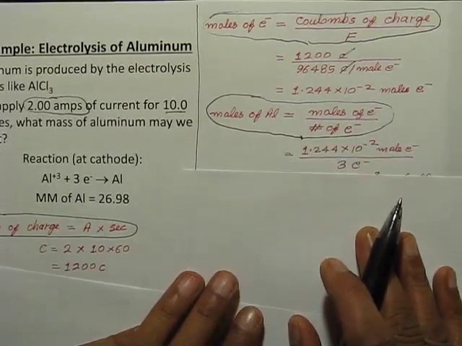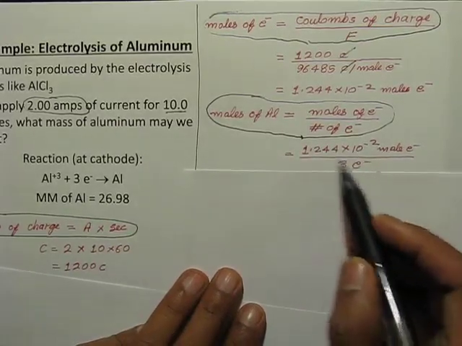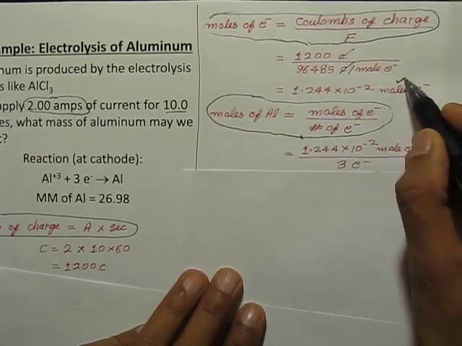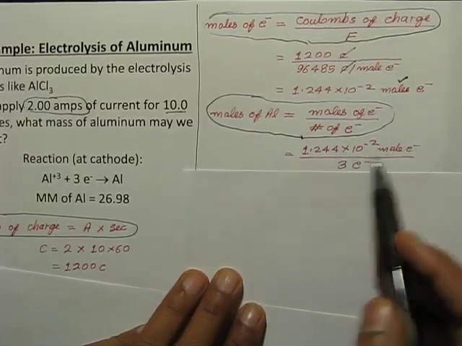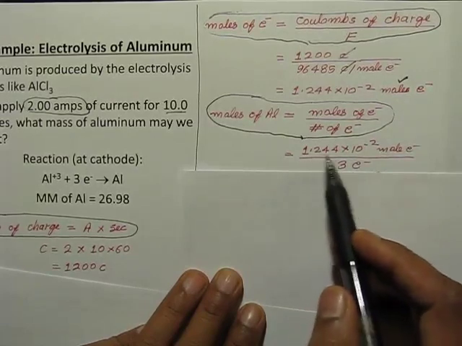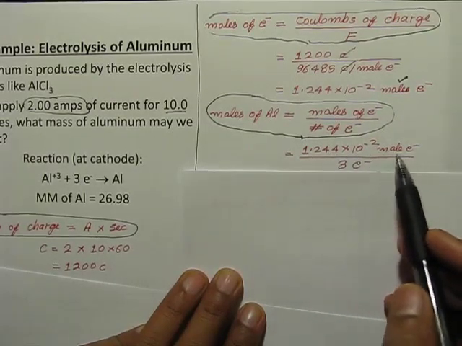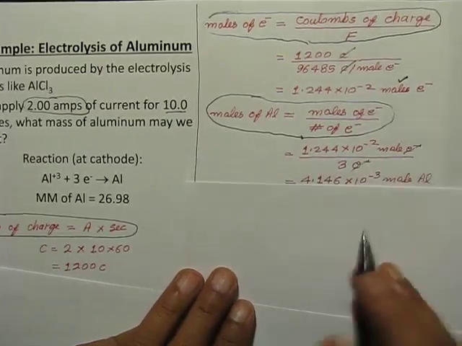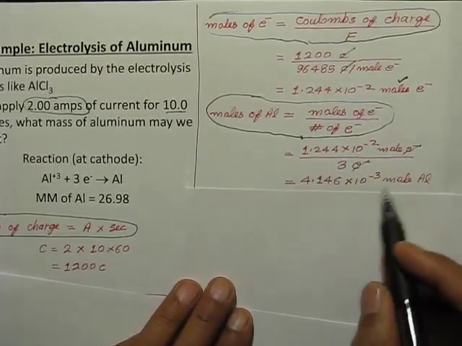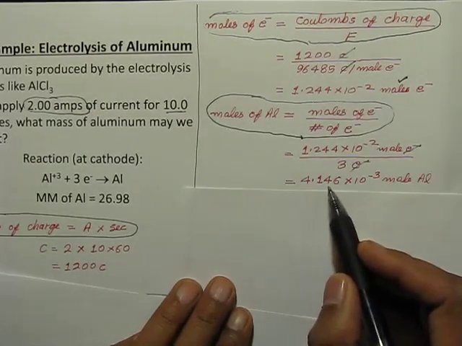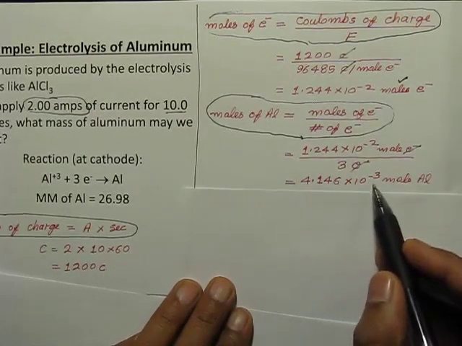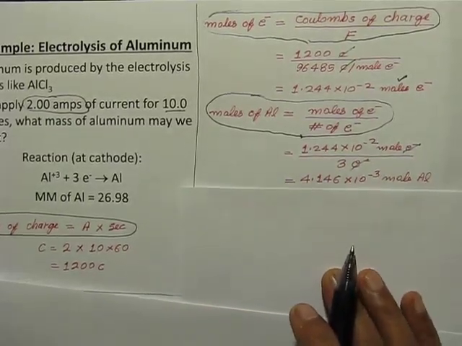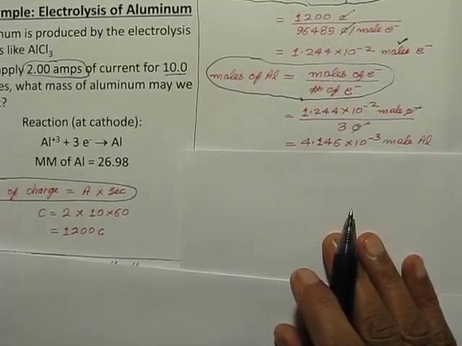So we use this 3 electron here, and the number of moles of electrons which we are pumping in the electrolysis process is 1.244 times 10⁻² moles electron. Then electron will be cancelled out, and this remains: 4.146 times 10⁻³ moles of aluminum will deposit.